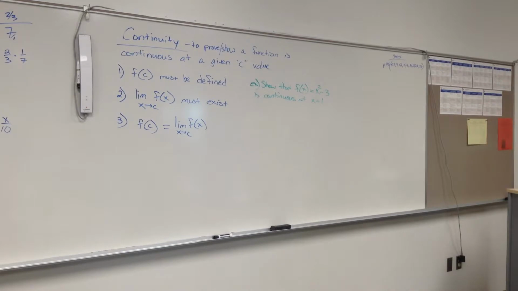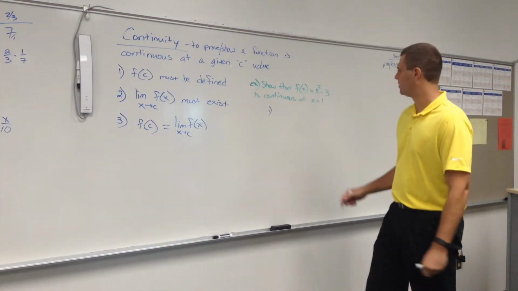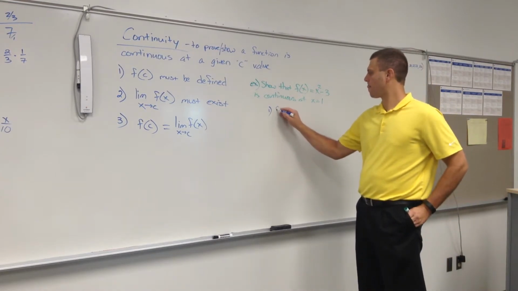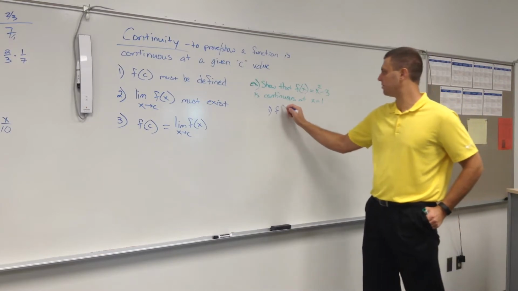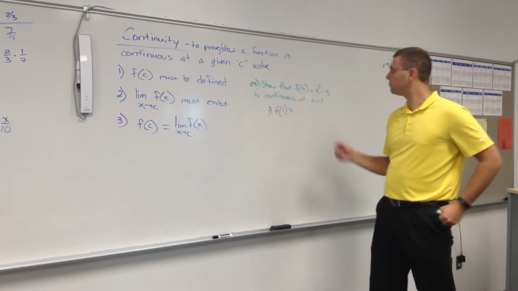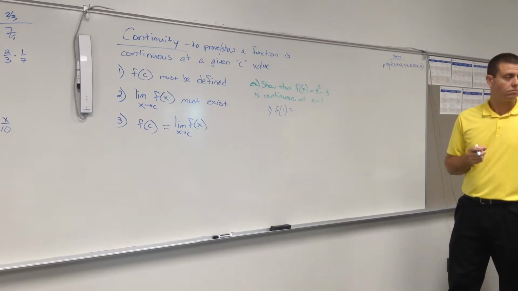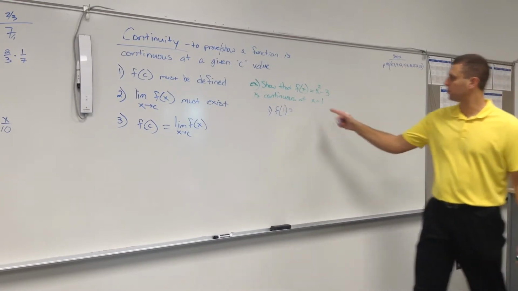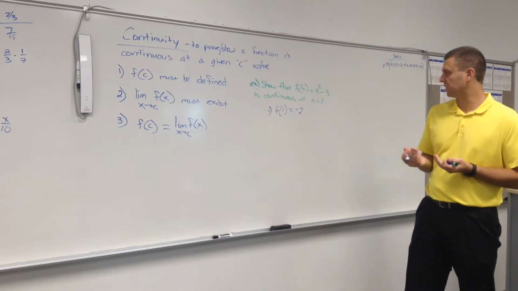It's very basic. Step 1, f of c must be defined. So f of 1. Do we get an answer for this? What is it? Negative 2, because when I plug 1 into the function, I get negative 2. So it exists.